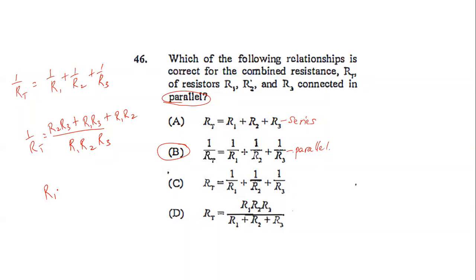So R total will be equal to the inverse of this here. That will have been a possible answer, right? But looking at it quickly, this here is the formula for series. That's option A. Option B is the formula to calculate the resistance in a parallel: 1 over R total is equal to 1 over R1 plus 1 over R2 plus 1 over R3. So those who said A, remember, this is the formula for series, and this here is the formula for parallel resistors.